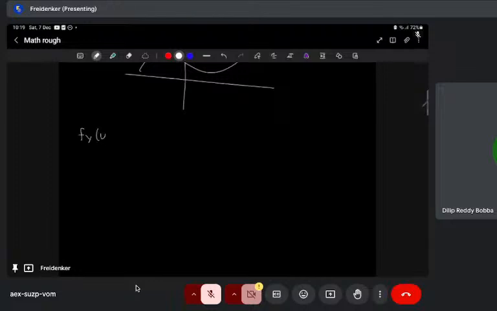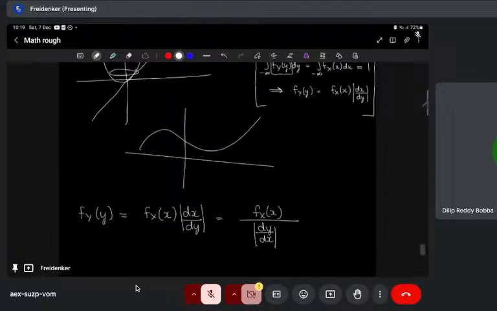One variable looks like this, right? dx by dy, or else dy by dx. Okay, that was one variable.